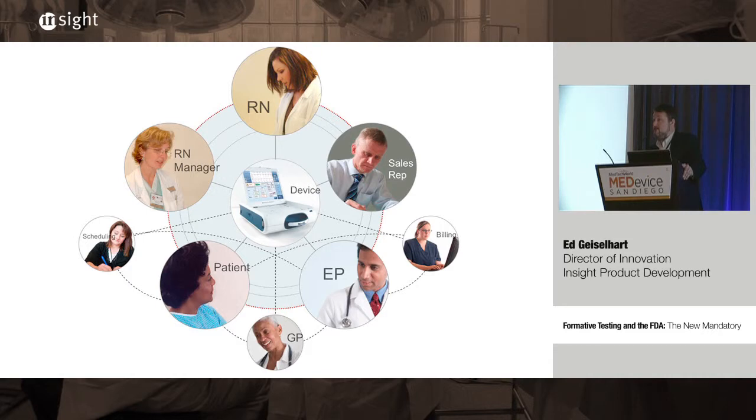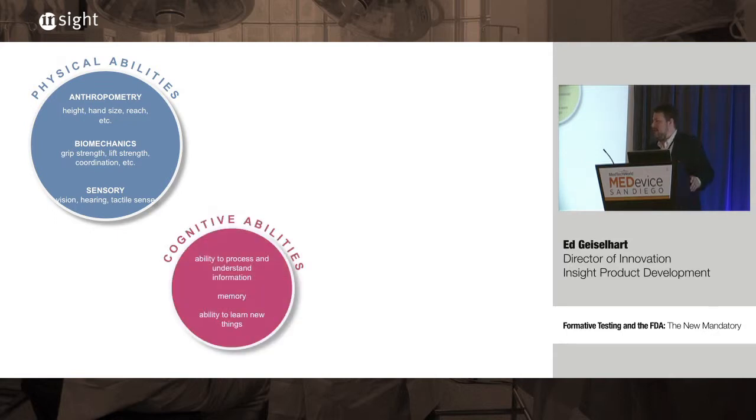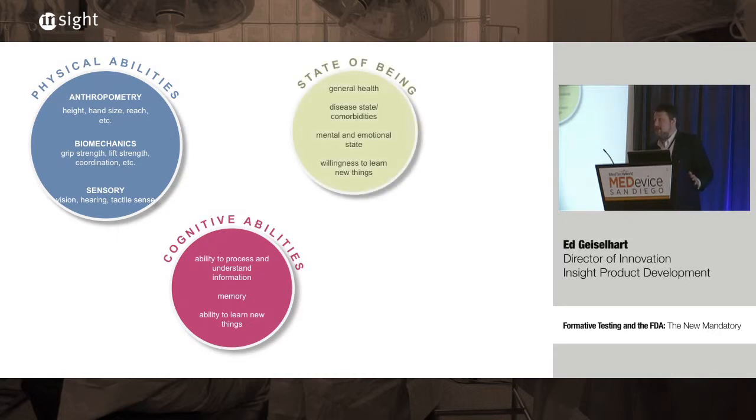Really quickly, different dimensions of usability. It's more than just those physical components of how big is my hand, how far is my reach, how much can I lift, what can I hear. It also includes how we learn things, how our short-term and long-term memory works, so our abilities from a cognitive perspective. It includes our state of being, so what is our physical condition?